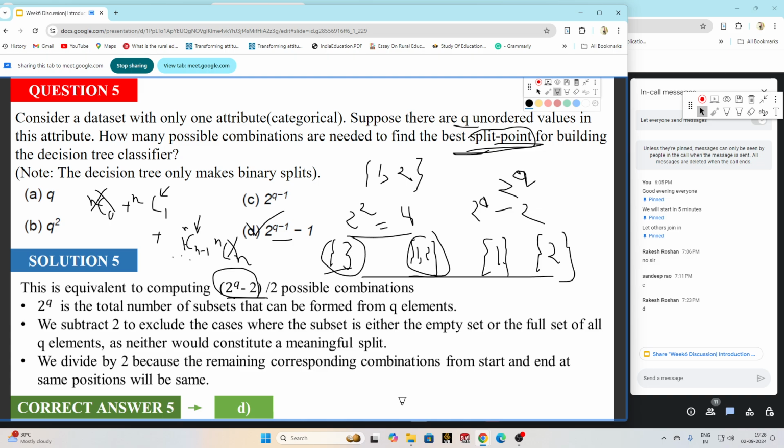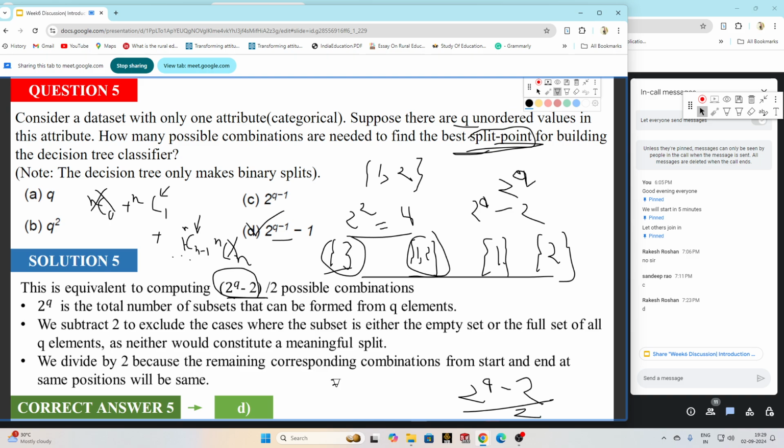Okay, is it clear? You asked: from that 2 raised to q minus 2 divided by 2, how did you get option D? Option D is 2 to the power (q minus 1) minus 1. So what I have told you is (2 to the power q minus 2) divided by 2.